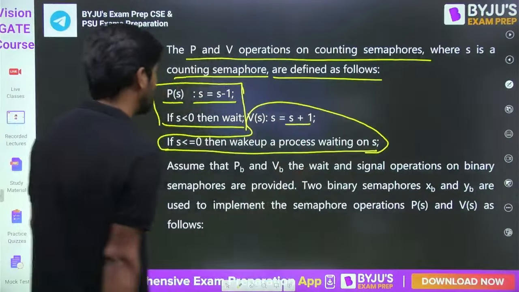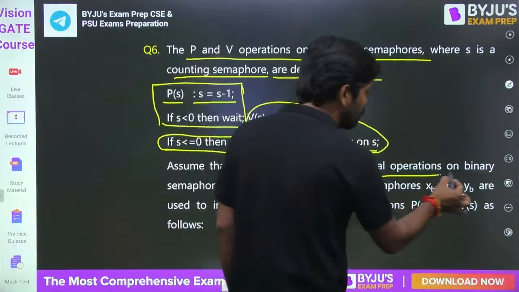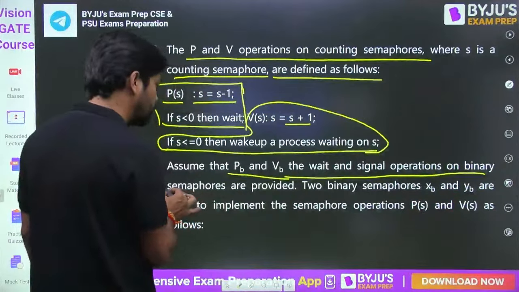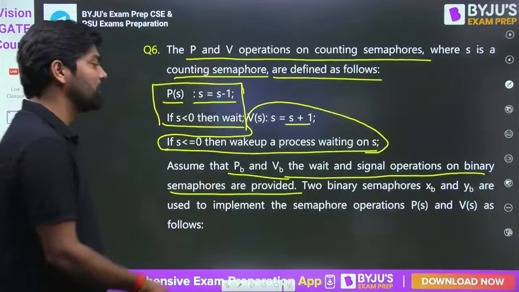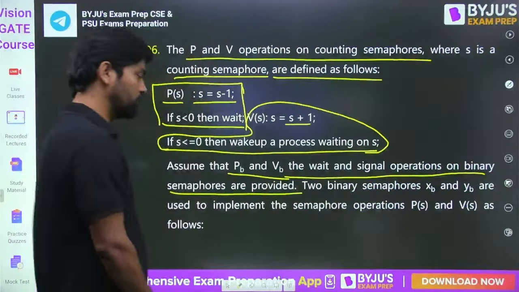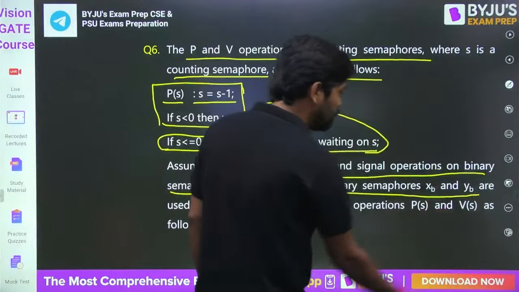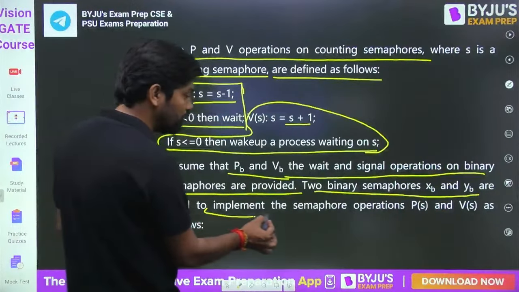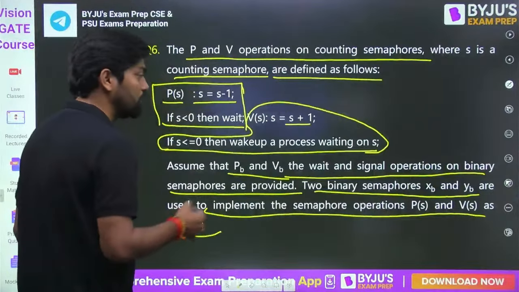Now they're telling us to assume that PB and VB, the wait and signal operations on binary semaphores, are provided. Two binary semaphores XB and YB are used to implement the semaphore operations PS and VS as follows, in the next PPT.